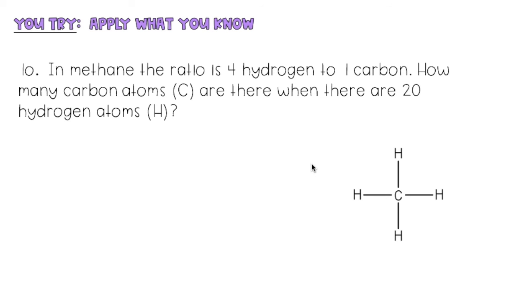And our last question. Apply what you know. In methane, the ratio is 4 hydrogen to 1 carbon. How many carbon atoms are there when there are 20 hydrogen atoms? So here I can set up a ratio table. I can say that I have my hydrogen and my carbon.